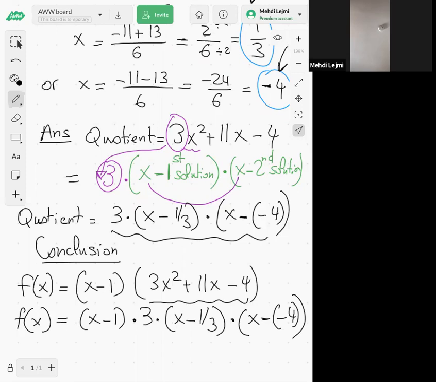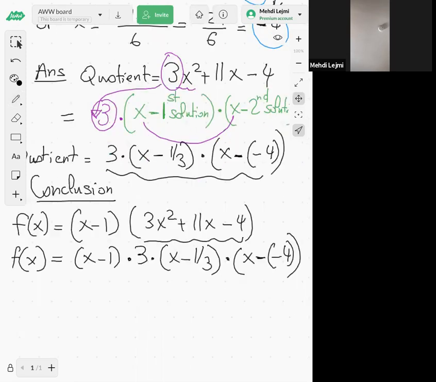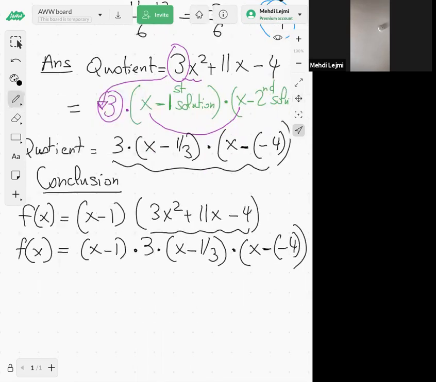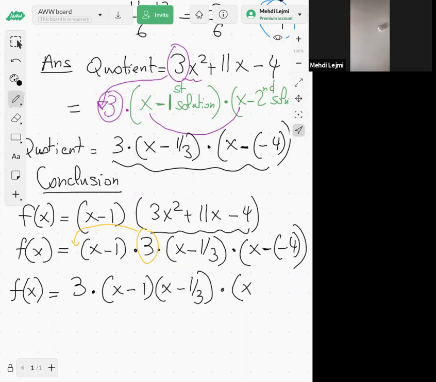So in other words, this is f of x. I'm going to move this 3 to the front. So that's actually 3 times x minus 1 times x minus 1/3 times x minus -4, which will be plus, so it's actually x plus 4.